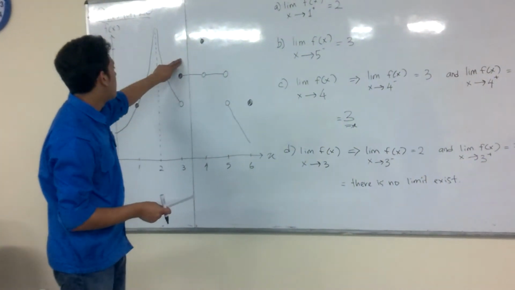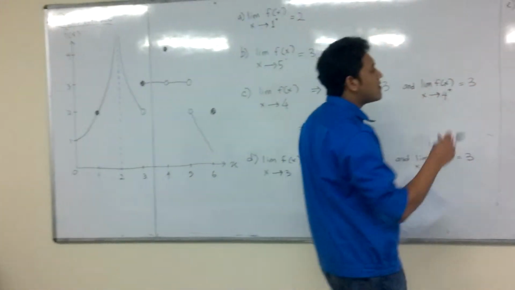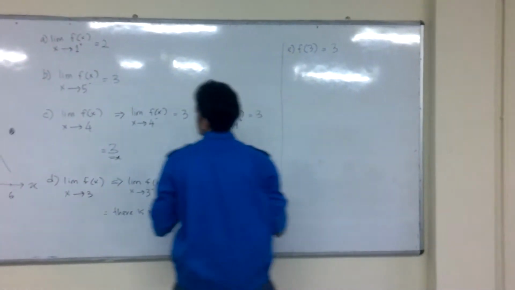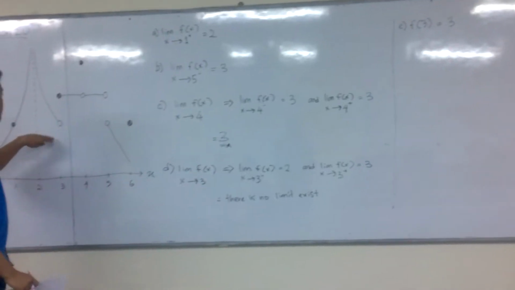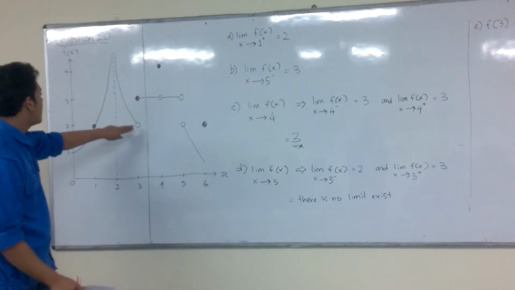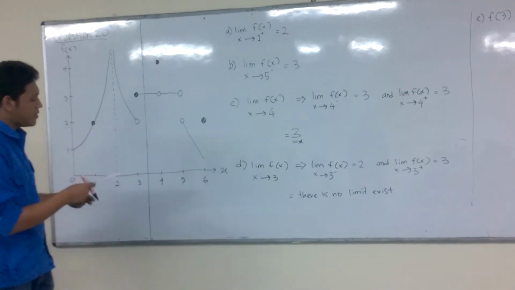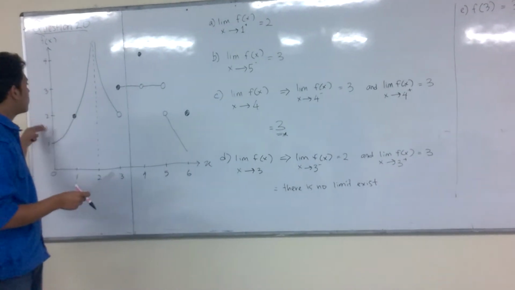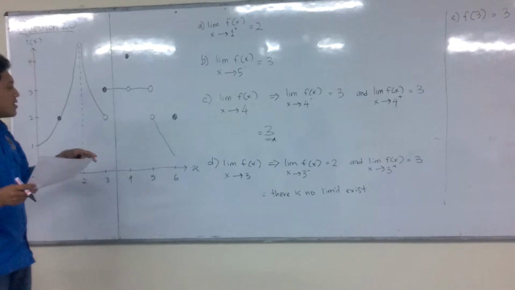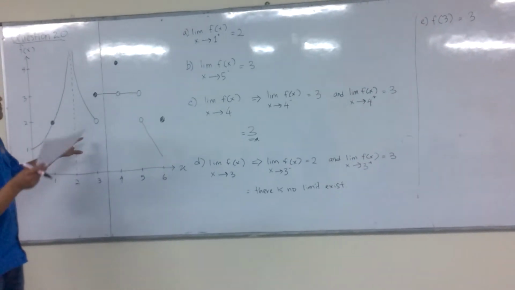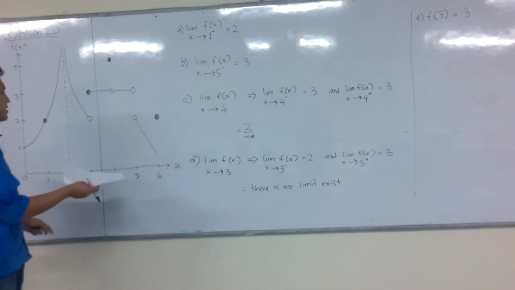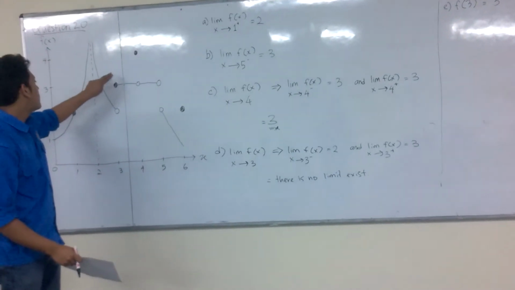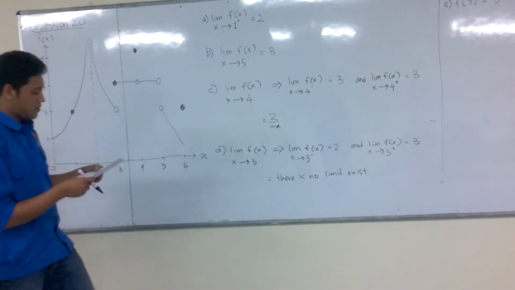We must find the absolute value. So this circle with no black dot here means that the value is not 2. So we try to find f(3), which means that when x equals 3, the finite value is 3.